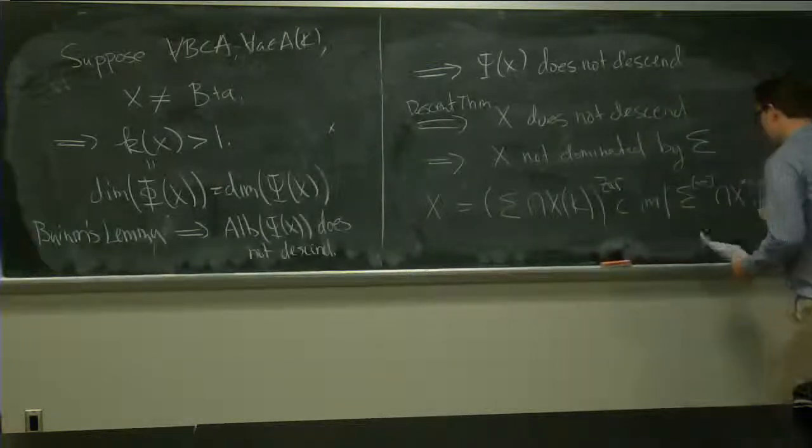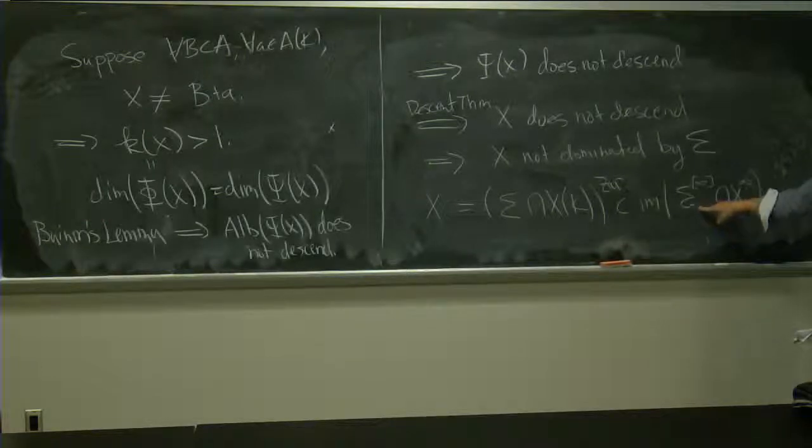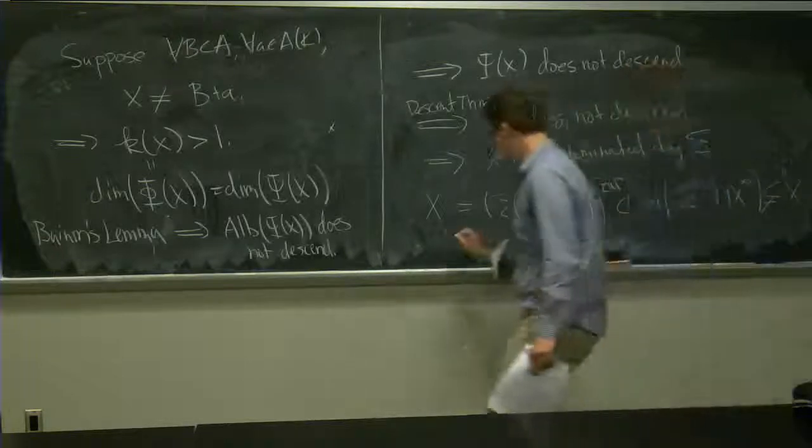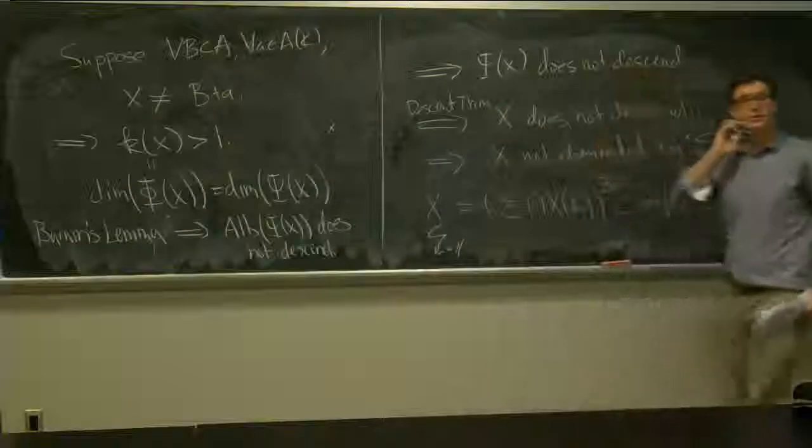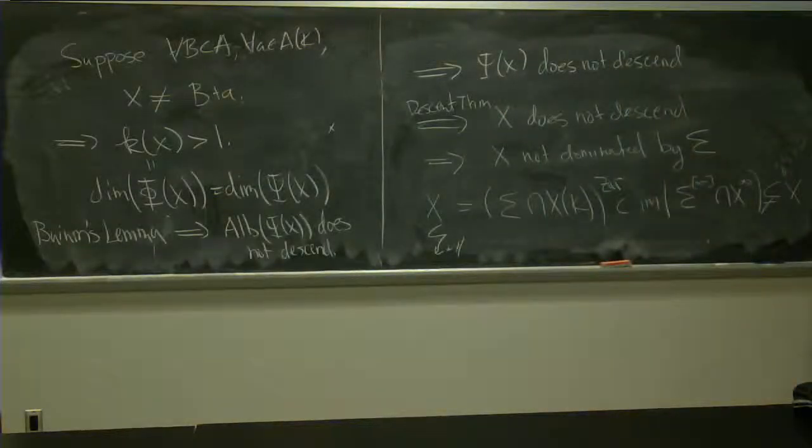And we know that this is the natural map from the infinite jet space down to the bottom. We know that this is not dominant, so this is a subset not equal to X. So then this is a contradiction, and that finishes the proof. So that's the idea there.